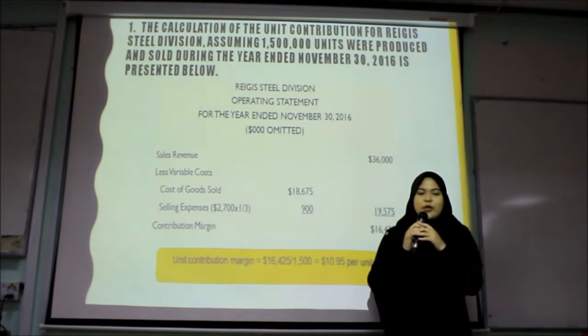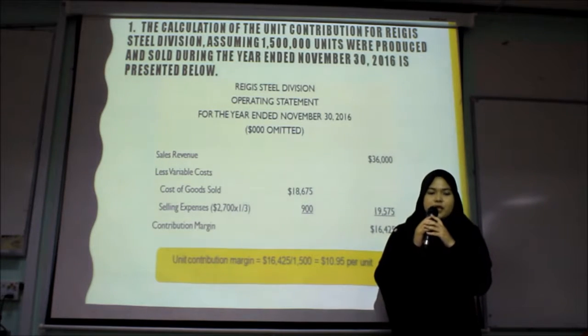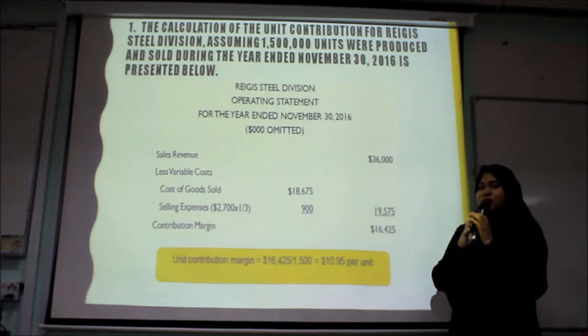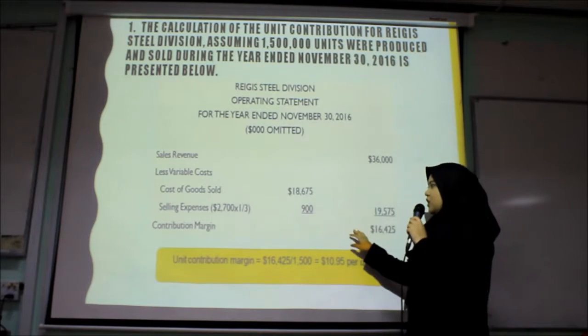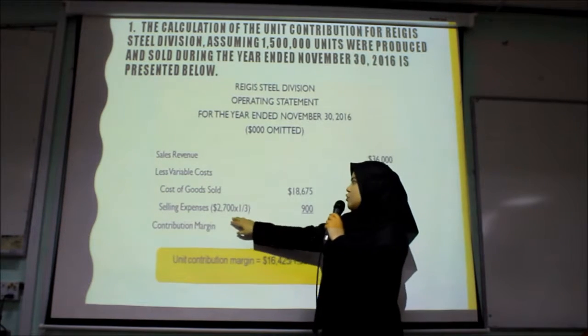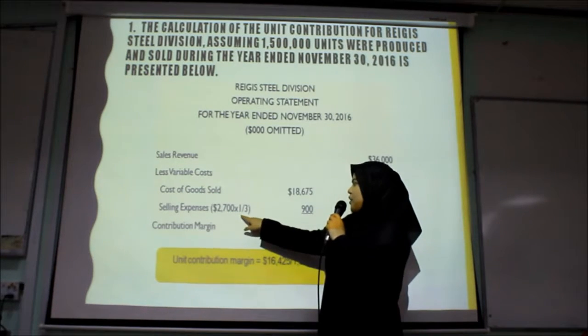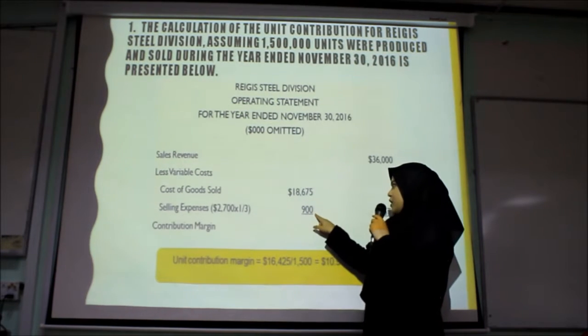We need to calculate the unit contribution for Reigis Steel Division assuming 1.5 million units were produced and sold during the year. In order to calculate the unit contribution margin, we need to know the contribution margin first. To calculate the contribution margin, the selling expense in the question is 2,700,000 and we need to multiply it by 1/3 because it is attributed to the sales volume, so we get 900.